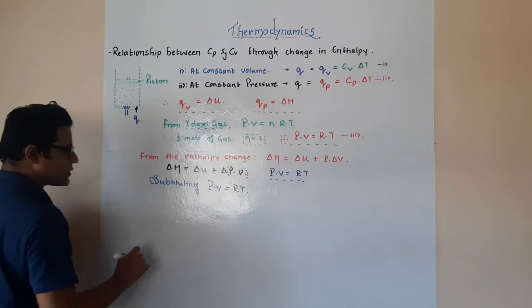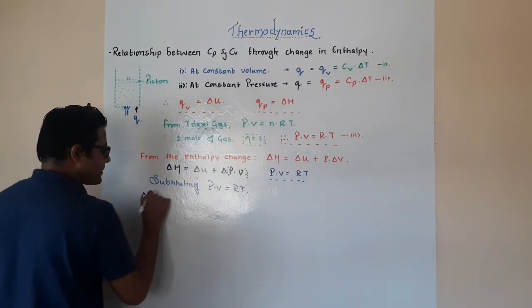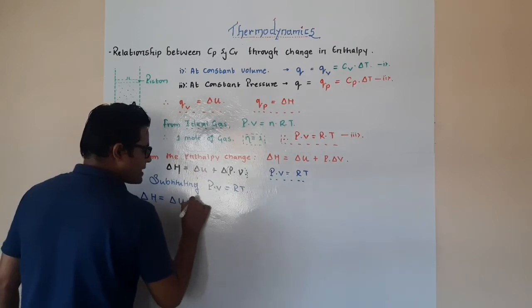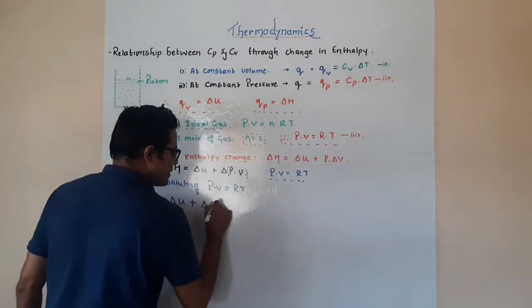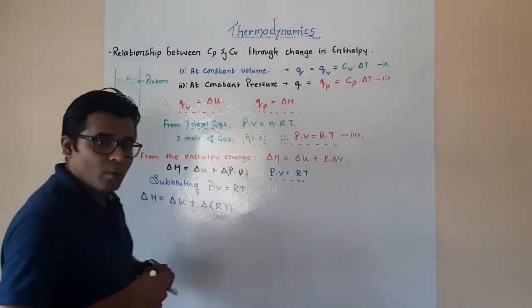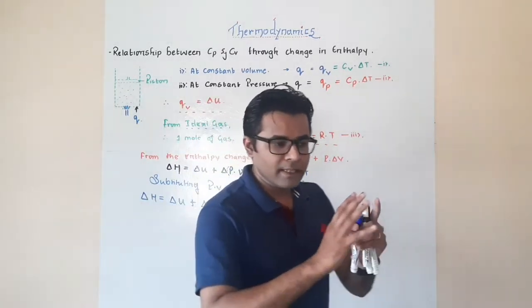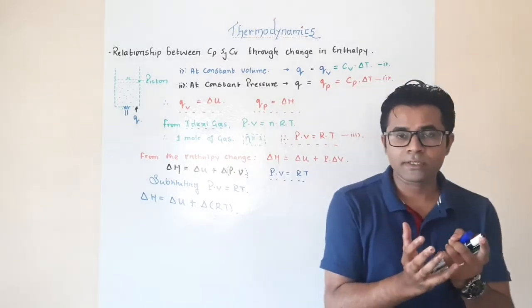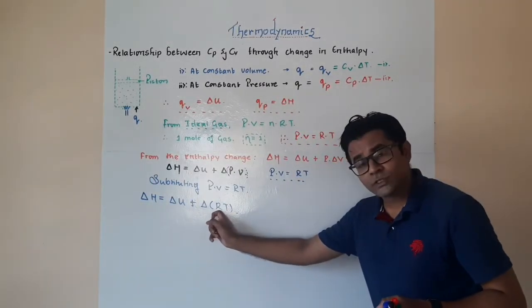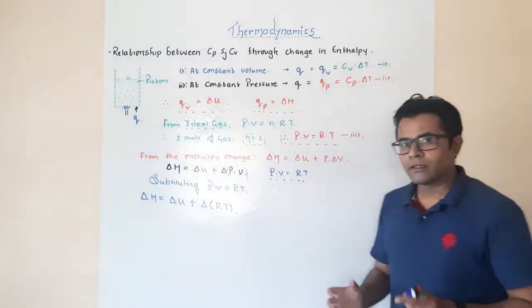So if we do substitute that, then we are going to end up getting delta H is equal to delta U plus delta R into T. Is this correct? Now, what we understand over here is R into T, this particular product, is nothing more than the universal gas constant into temperature.